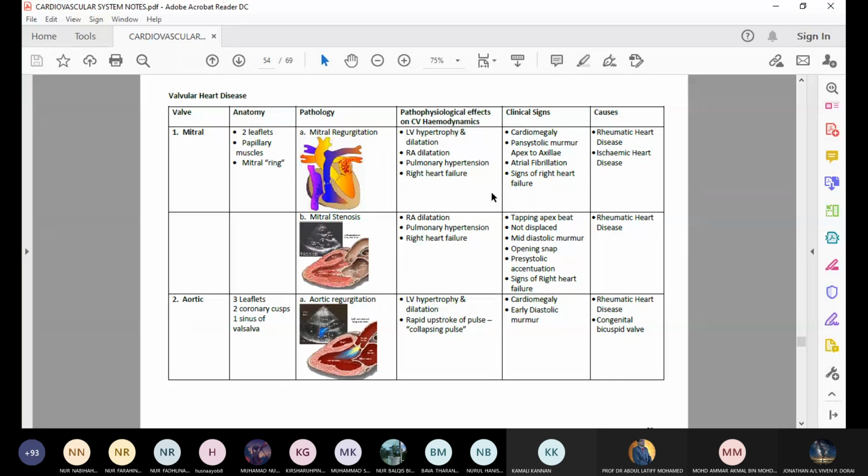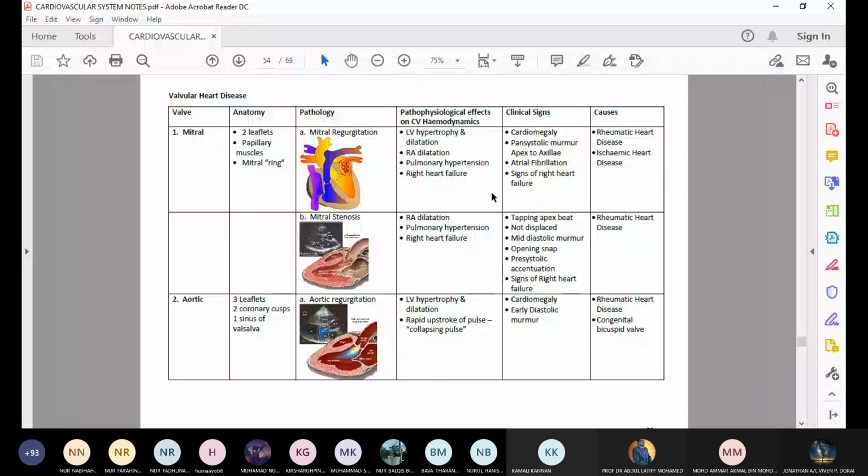So you will have damage to the left ventricle, left atrium, and pulmonary hypertension. The right ventricle will be dilated and hypertrophied. It will cause the tricuspid valve to be regurgitant also. It will cause the right atrium to be dilated and hypertrophied. It will cause an increase in the jugular venous pressure.